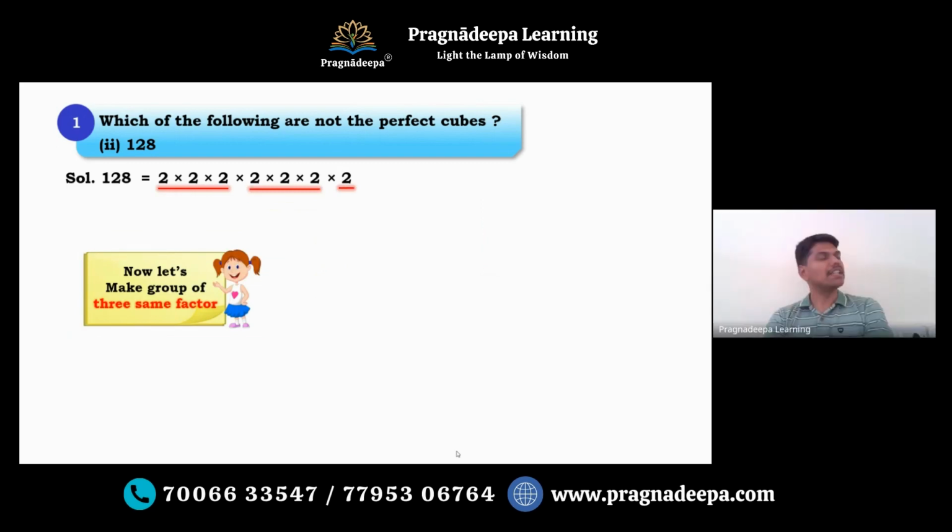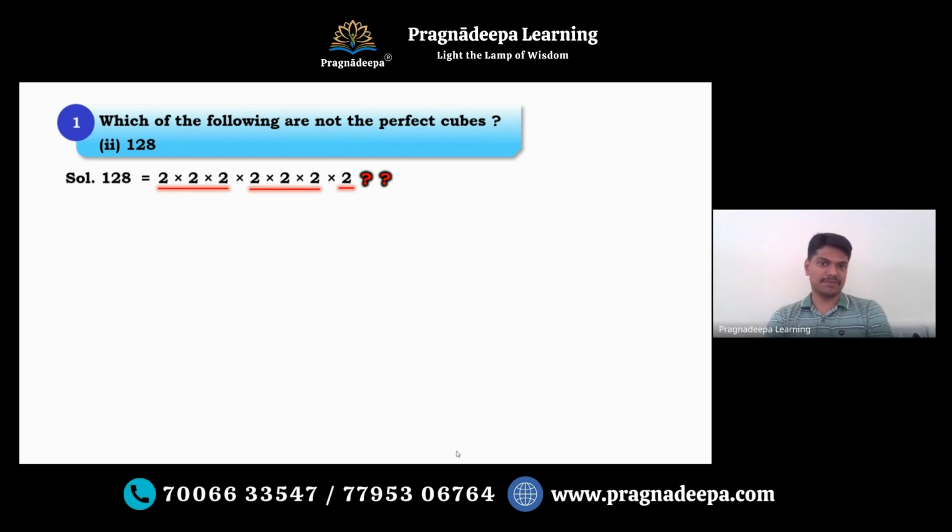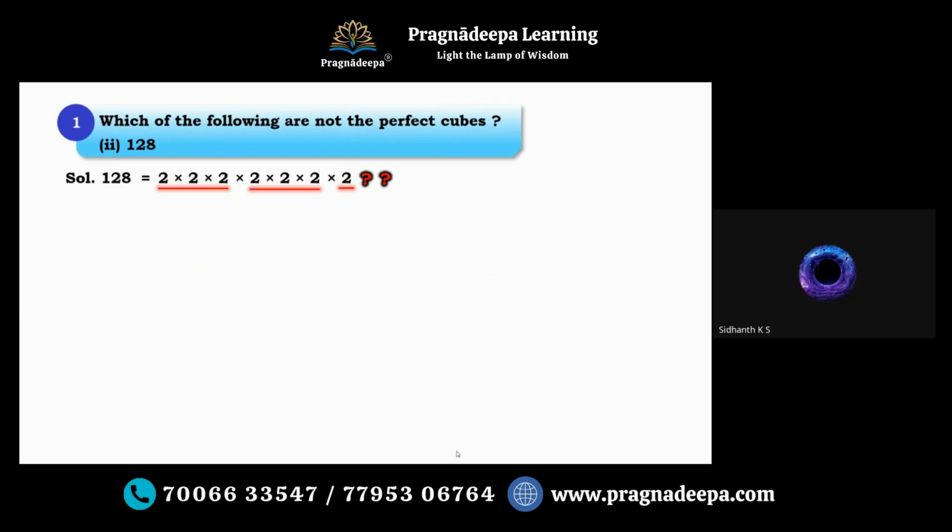So it's not a perfect cube. Did you understand? There are 2 2's missing, correct? Yes, sir. Or if you remove 1 2, will it become a perfect cube? Yes, sir. If we remove that 1 2, we can get the cube.